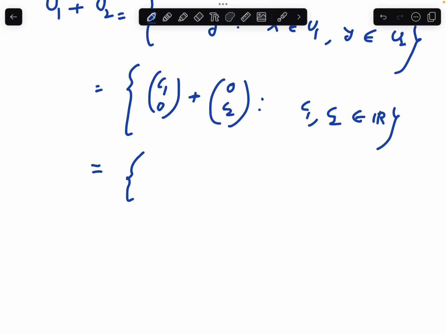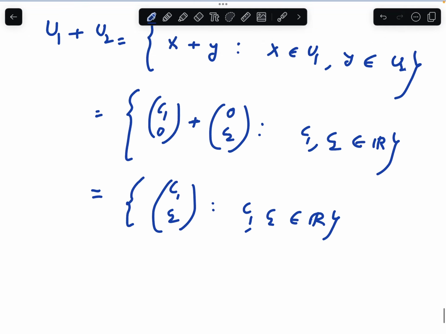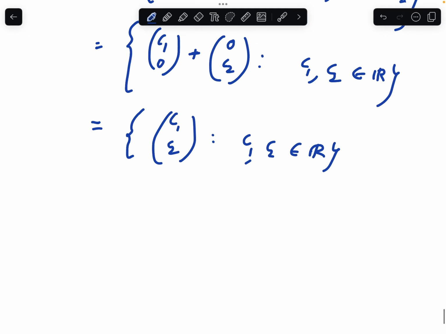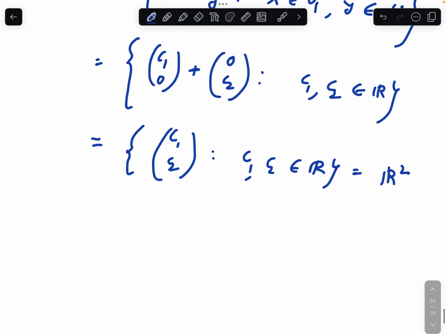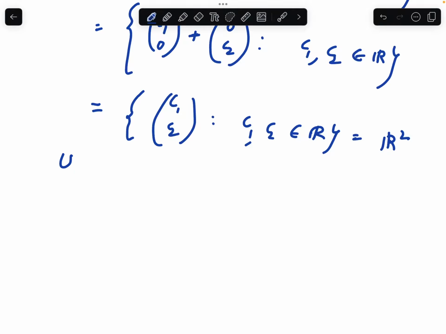So combine this and you get (c1, c2), all real numbers. But what does this mean? It means the plane itself, right? So in this case, U1 plus U2 is equal to R2. That is, U1 plus U2 in this case is a subspace of R2, right? R2 is a subspace of itself.